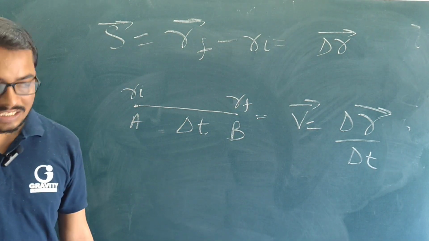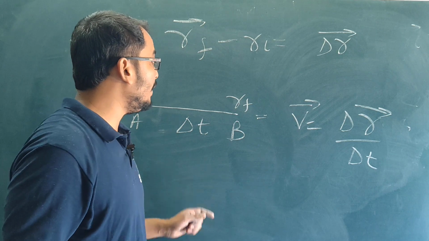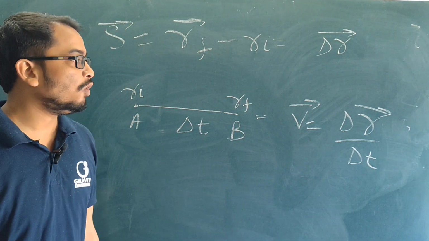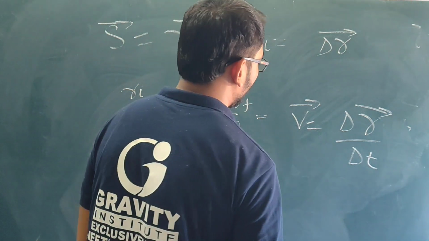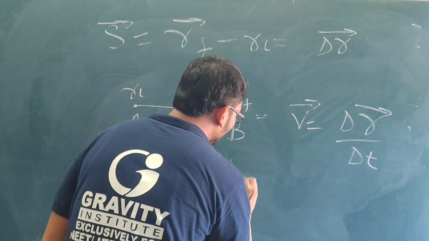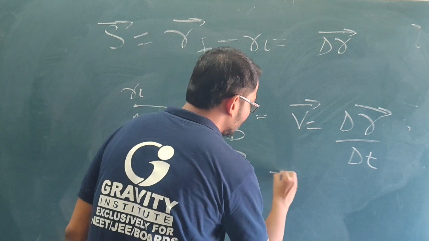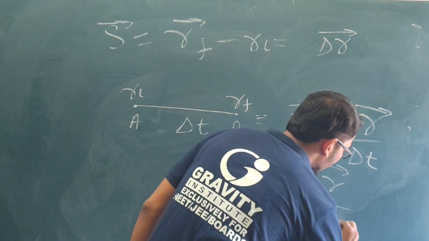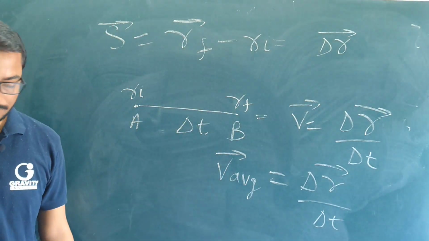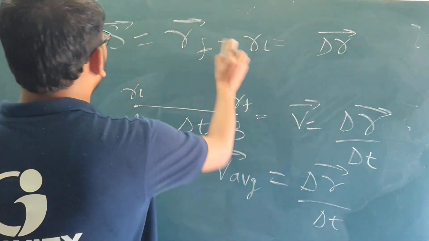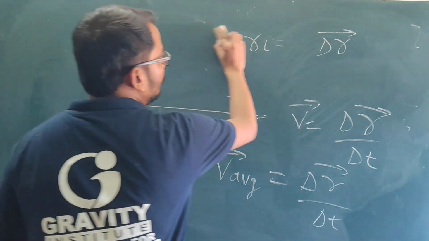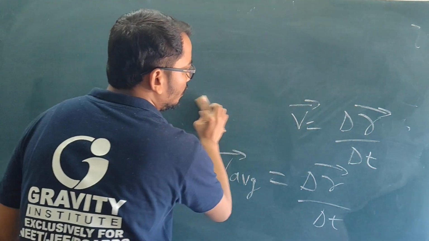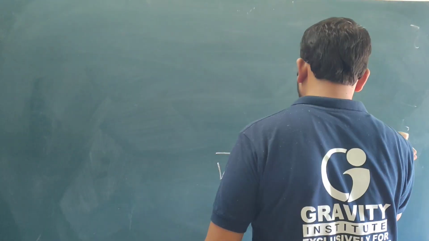What is the meaning of average velocity? Average velocity is delta R divided by delta T. So what is average velocity?